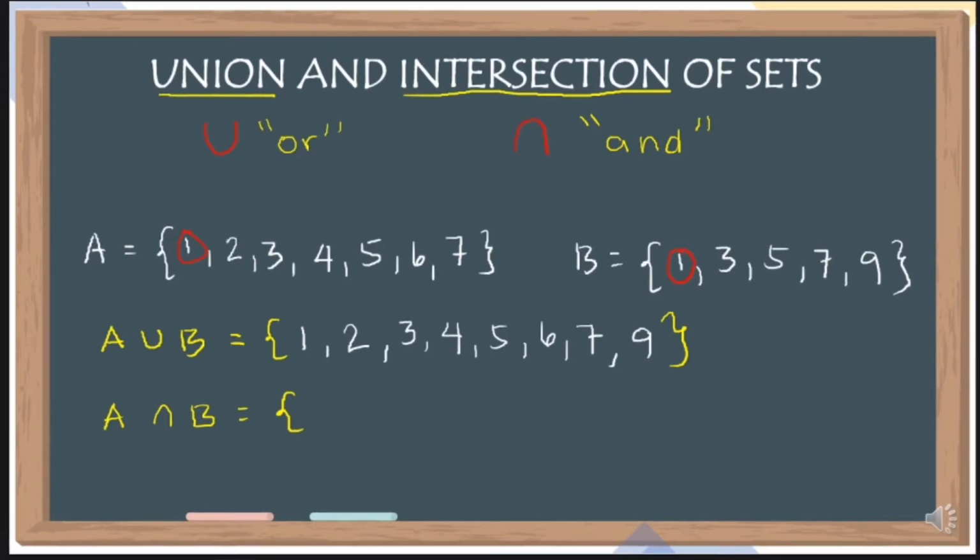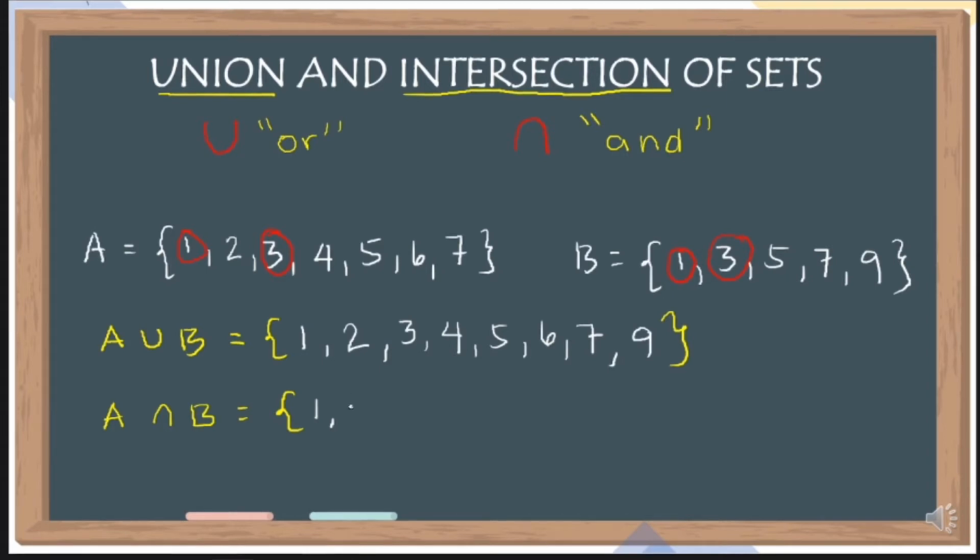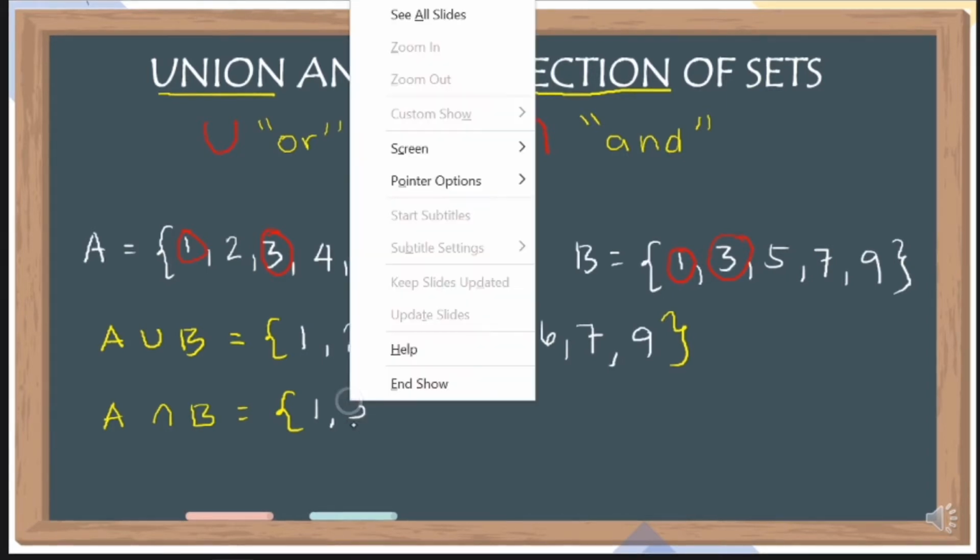So, part siya ng intersection ng sets na ito. About 2. Walang 2 dito. So, 2 is not an element of the intersection of A and B. About 3. Merong 3 dito. So, therefore, element siya ng set na to.